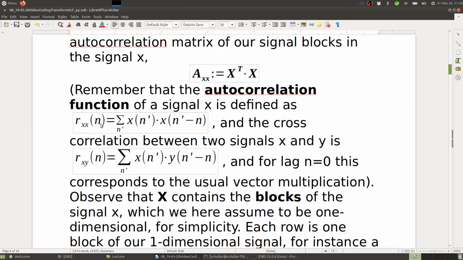In general, we have some shift n here, and we basically only consider the case where we have no shift, lag 0. And the cross correlation between two signals X and Y is defined by this equation here, again with a shift. And for lag n equals 0, this corresponds to the usual vector multiplication that we used here.